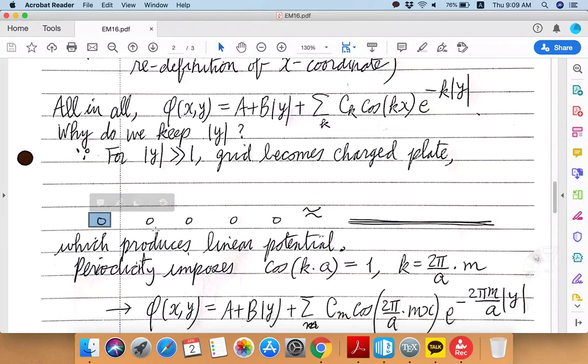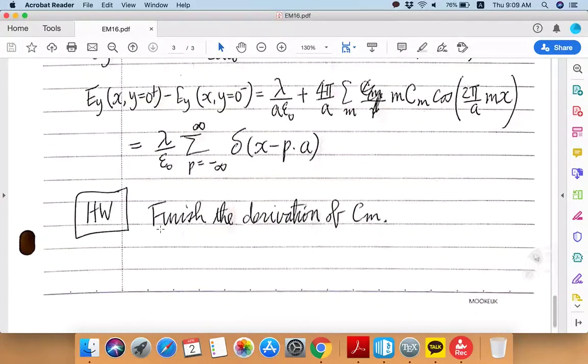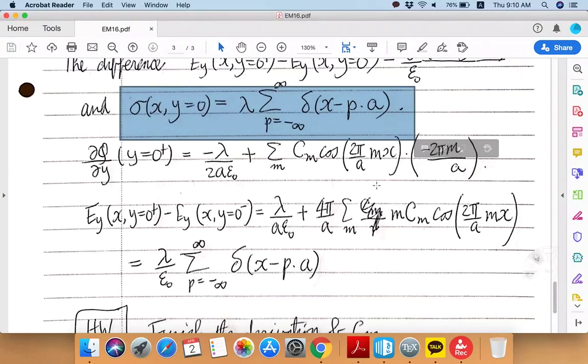So the best way to represent such a charge distribution is through the use of the delta function. So this is the appropriate way to represent the charge distribution for that array of wires. And P is an integer that runs from minus infinity to plus infinity.